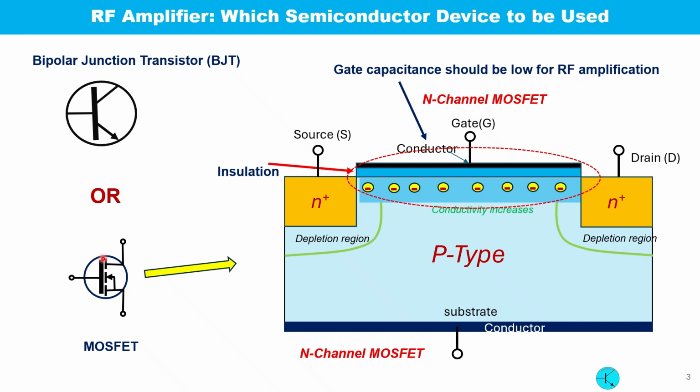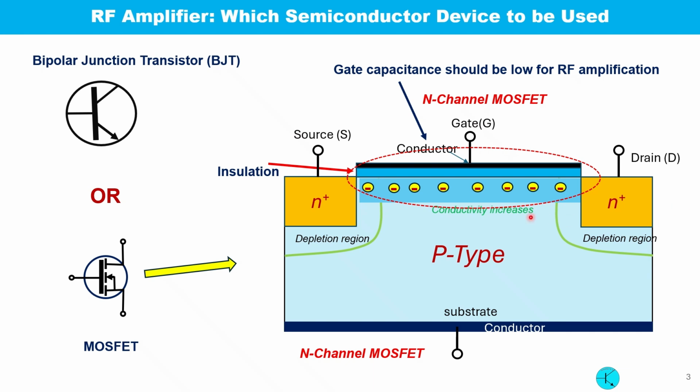Now, to find a suitable MOSFET, we need to consider the gate capacitance of a MOSFET. If we take a look at the basic structure of the MOSFET, we can see the source of this gate capacitance: the metal plate, the insulation, and the conductive passage between the drain and the source.